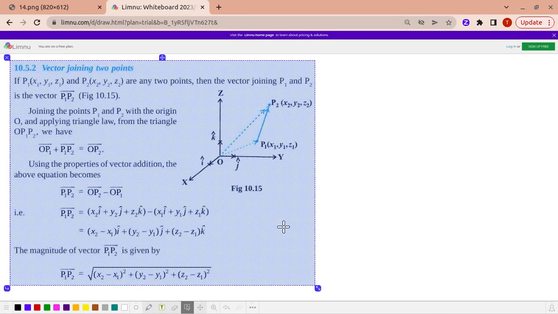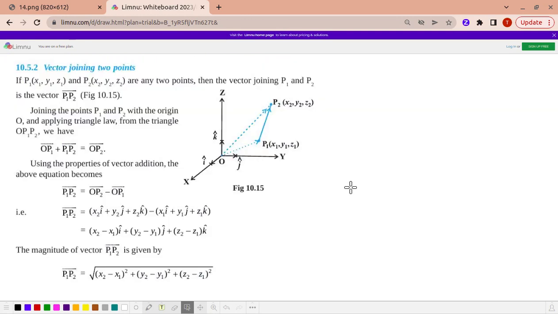The point P1 has the coordinates x1, y1, z1, and the point P2 has coordinates x2, y2, z2. Now what is our target? Our target is to find the vector P1P2.